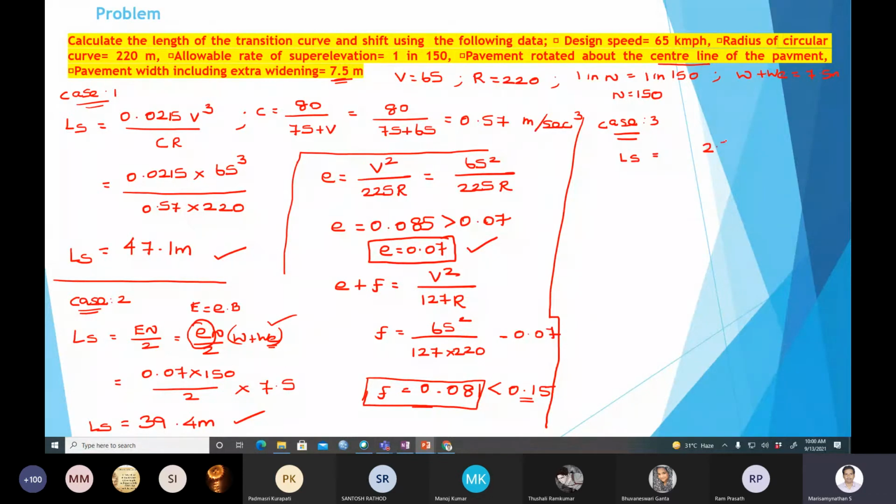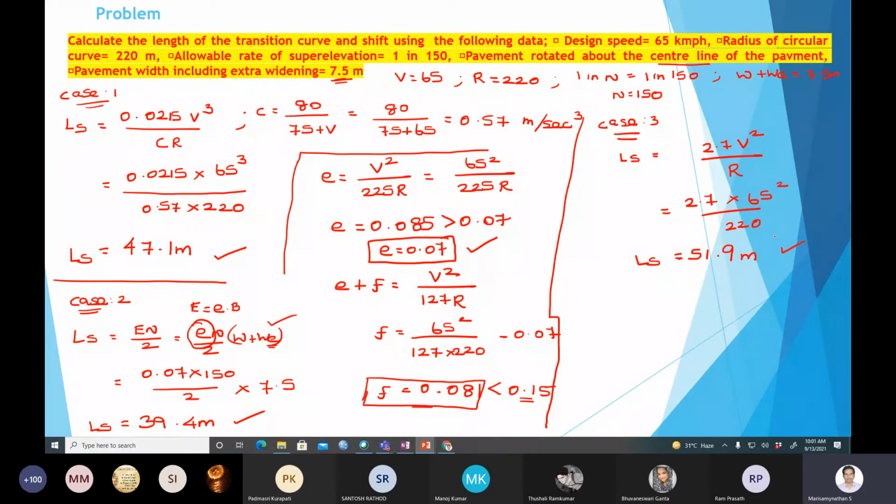Ls is equal to 2.7 into V squared divided by R. So 2.7 into 65 squared divided by 220, and I'm getting the value of 51.8522. So I'm approximately fixing 51.9 meter. This is with respect to the IRC.